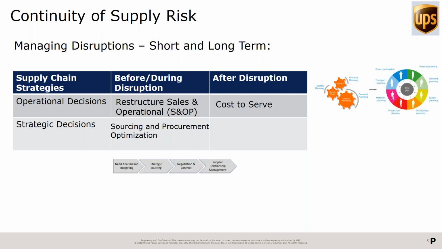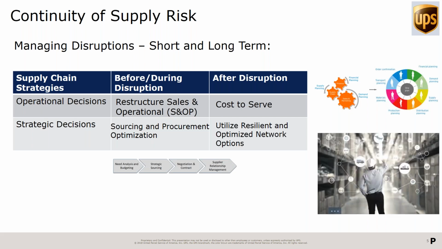And then from a strategic standpoint, we could implement several processes related to sourcing and procurement optimization that can further enable providing more optionality in terms of preparing your supply chain. And then lastly, building or utilizing resilient optimized network options.